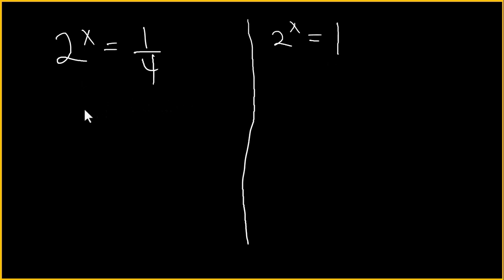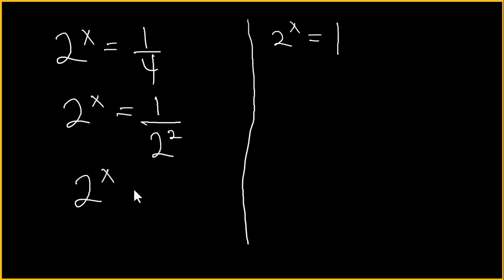Now this can be simplified. 2 raised to the power x equals 1 on 4 can also be written in index form as 2 raised to the power negative 2. So 2 raised to the power x is equal to 2 raised to the power negative 2.